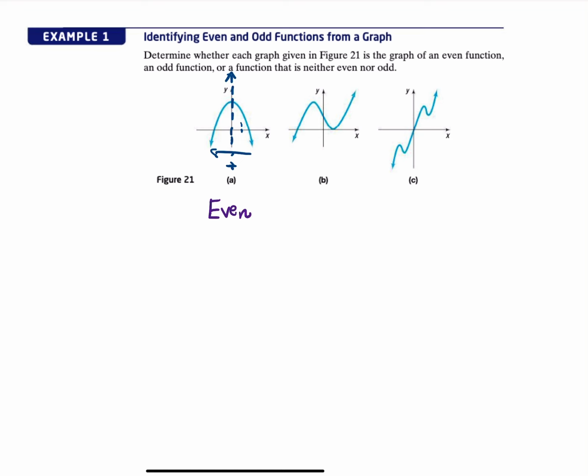And then for B, it's not symmetric about the y-axis, because otherwise we would get something like this, like a W. If it was symmetric about the origin, I would imagine first going across the y-axis and then across the x-axis. So we would imagine it would look something like that.